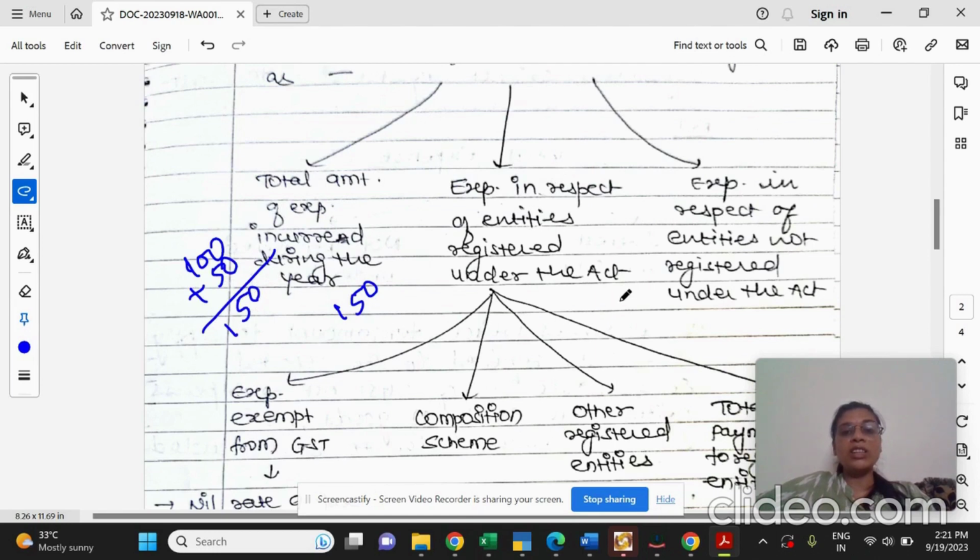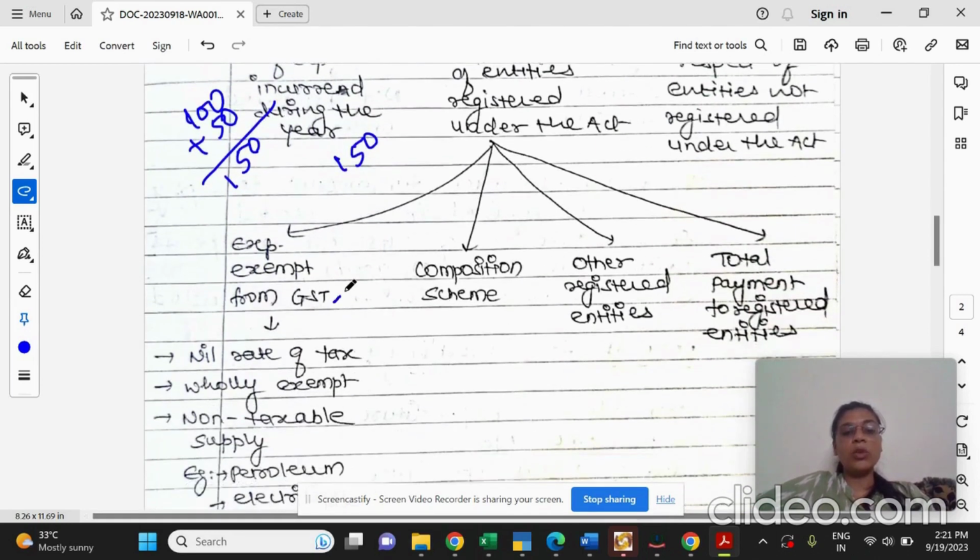Now, expenditure in respect of entities registered under the Act needs to be bifurcated into exempt, composition scheme, other registered, that is your total expenditure with registered entities. This can be through GSTR 2A in total. And for composition scheme, if your business is small, they will not provide you such details, and in case they don't, then you can give a note against this.